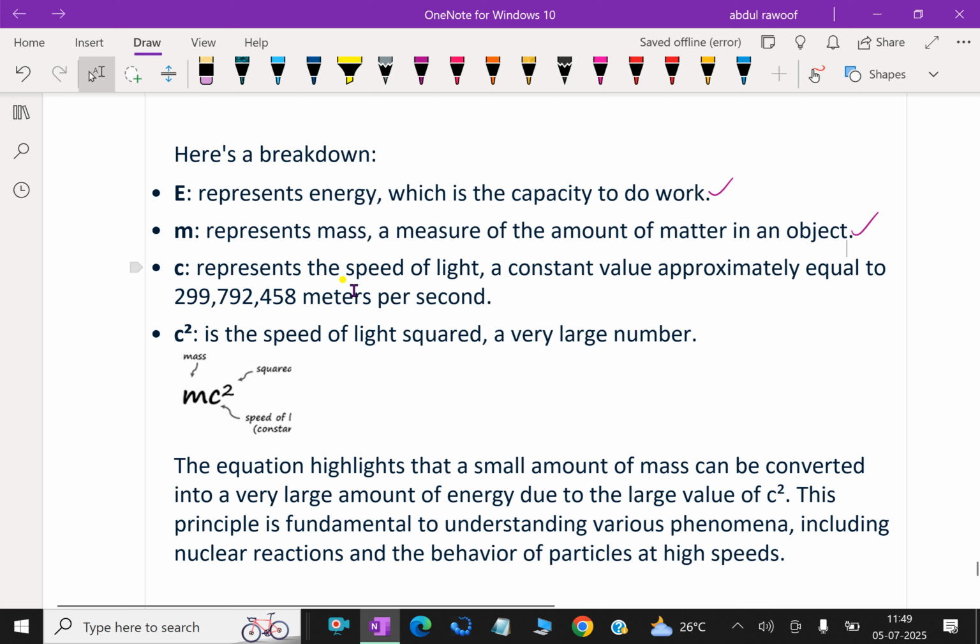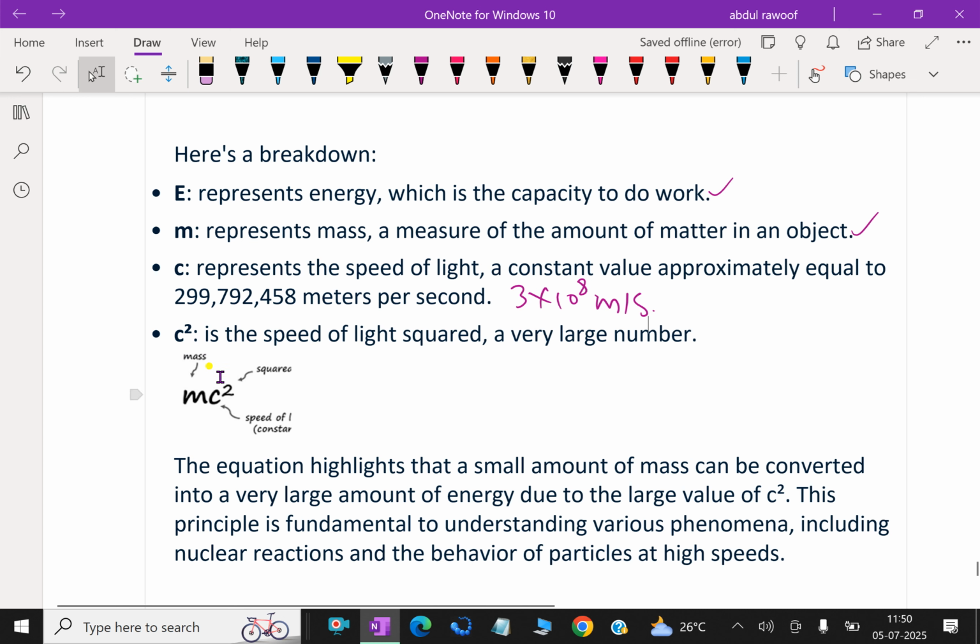C represents the speed of light, a constant value approximately equal to 3 into 10 to the power of 8 meters per second. C squared is the speed of light squared, a very large number.